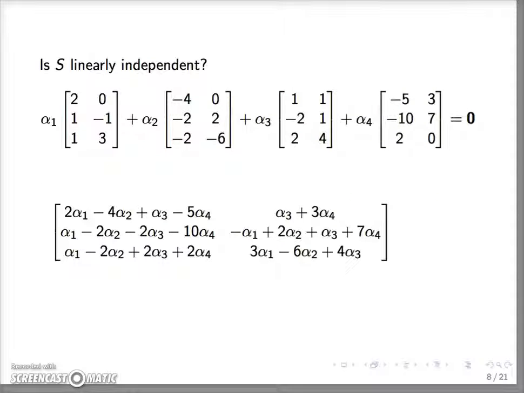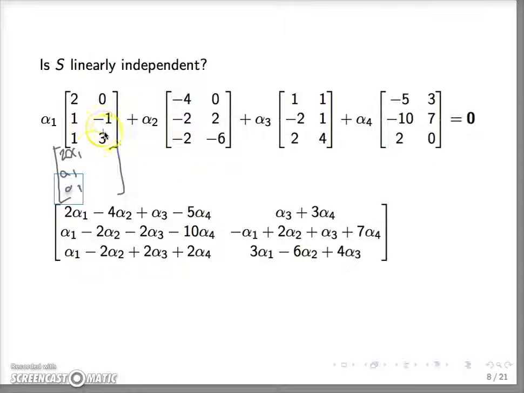And that linear combination is something we have to work out using matrix operations or properties of matrices. For example, the first matrix is going to be a matrix that contains this scalar everywhere. The first column looks like 2 alpha 1, alpha 1, alpha 1.